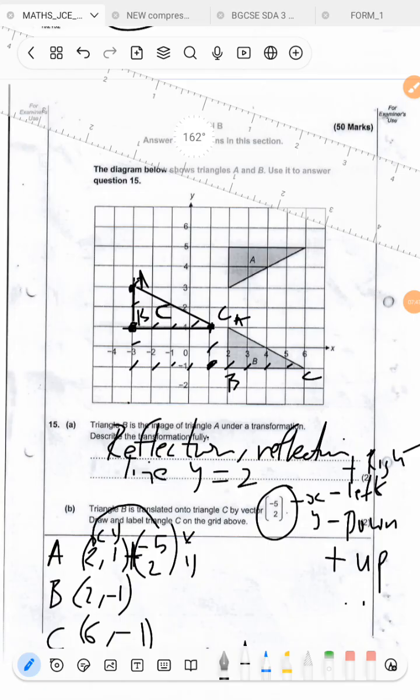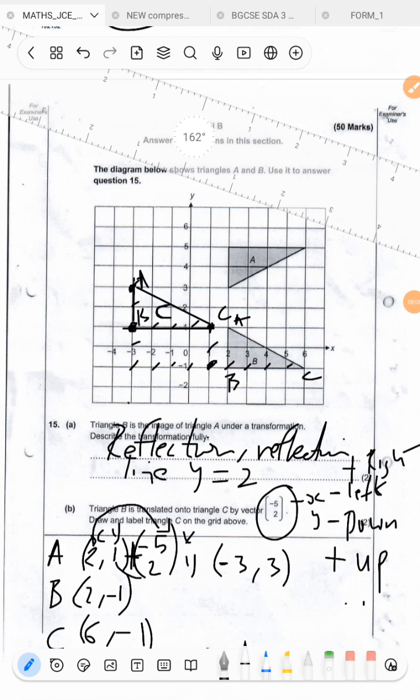So the 2 is going to be added to the -5, the 1 is going to be added to the 2. So 2 plus -5, we get -3, so this is going to be the new coordinate now. -3, 3.